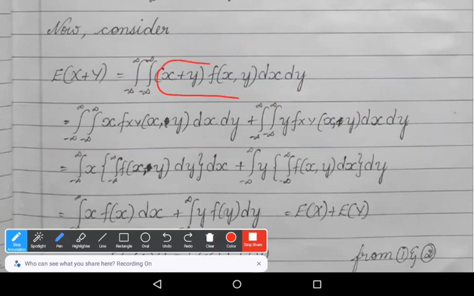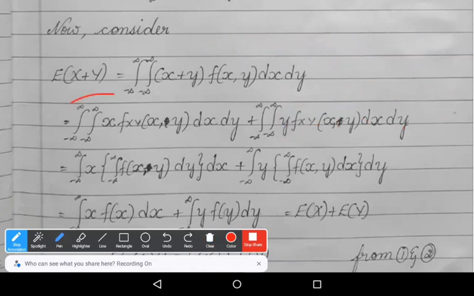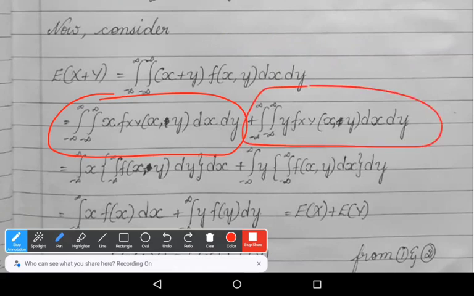Here x plus y into f of xy can be written as x into f of xy plus y into f of xy. According to this term, we are splitting the integration: double integral from minus infinity to plus infinity x into f of xy dx dy, plus double integral from minus infinity to plus infinity y into f of xy of x comma y dx dy.